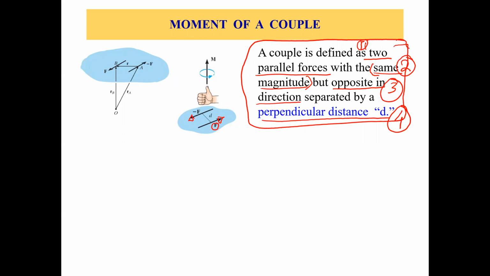And they have some perpendicular distance between them, which is this D. So this is a couple, and once we have a couple, then we have moment of a couple. That's why we have this rotation. So that's how it works.